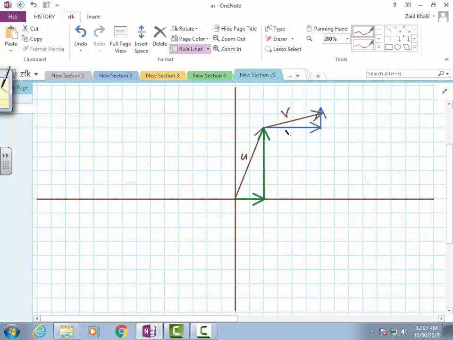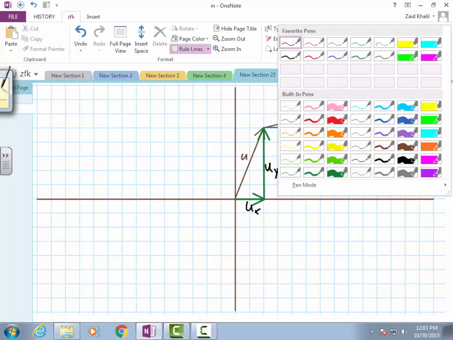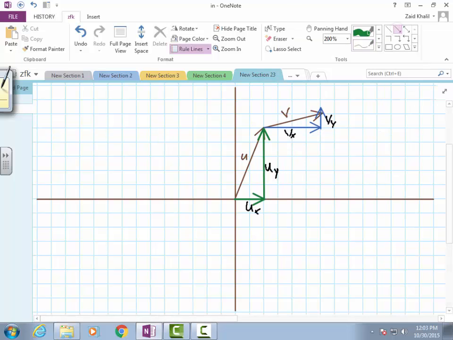So this right here is Vx, this is Vy, and this is Ux, and this is Uy. And what do you notice? Well, Andrew notices that, well, wait a second. What you can do, Khalil, is you can use the definition of vector addition to form that vector.